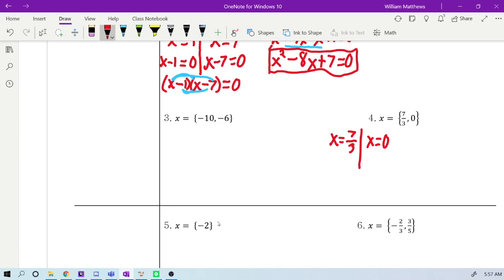The right expression is already set to 0, so we don't need to do anything there. But our left expression has two steps. We need to multiply by 3 to get rid of our fraction. After we multiply by 3 to get rid of the fraction, then we would subtract 7 from both sides.